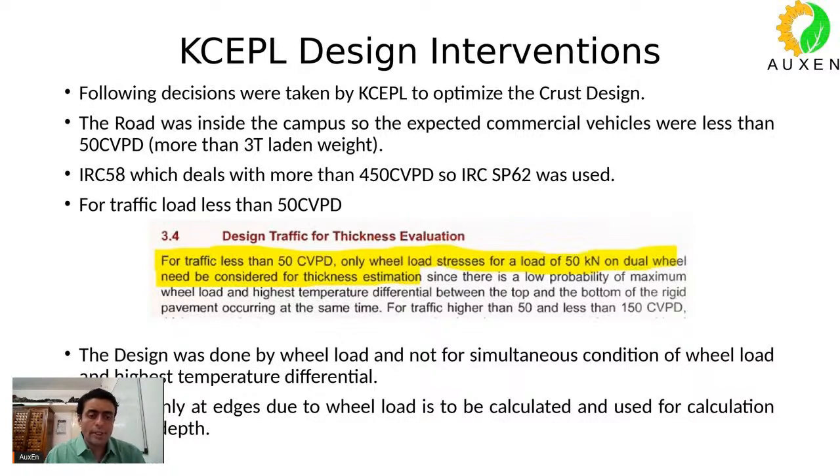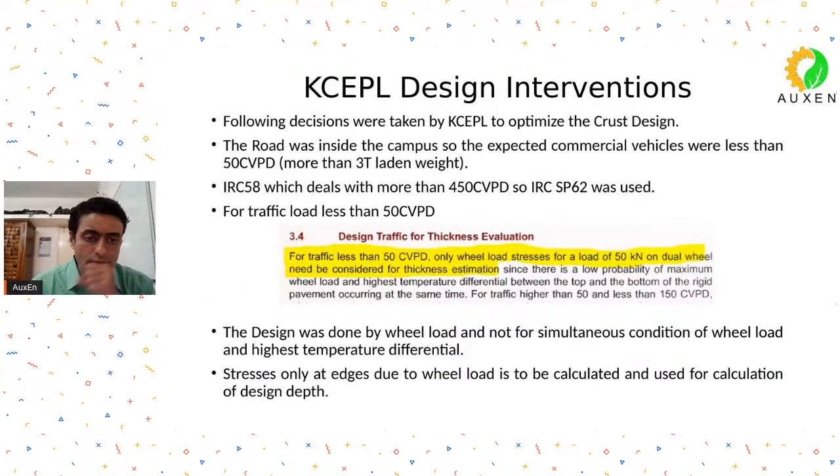So it is a special publication of IRC for low volume roads. For traffic loads less than 50 CVPD, the code gives you quite a leeway, and it allows you to design only for the edge stresses. There are different positions of wheel loads and different conditions of temperature variation.